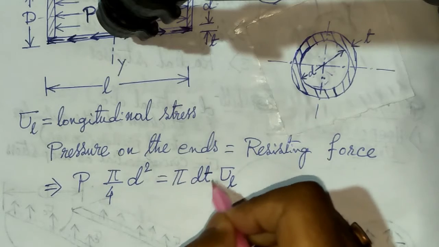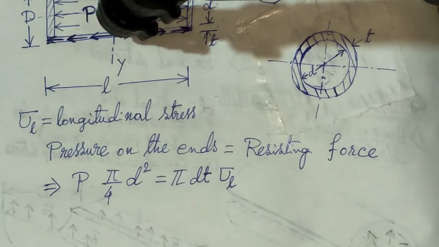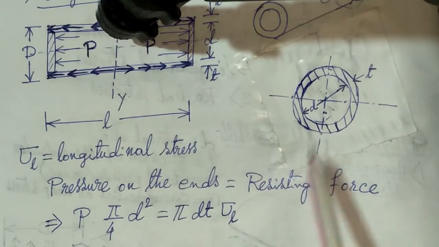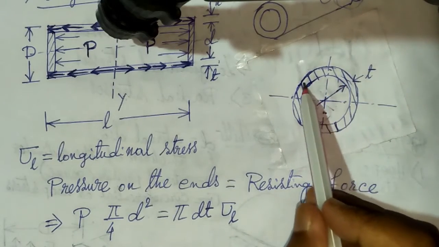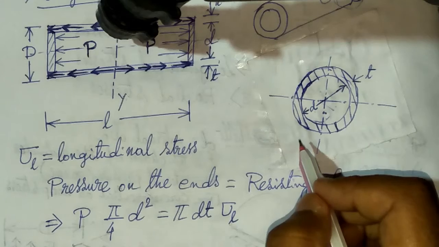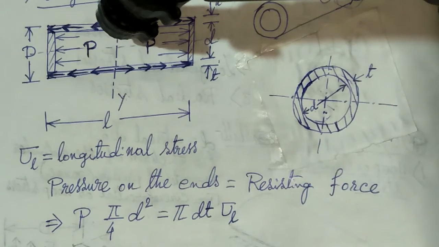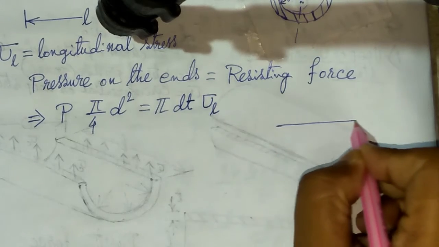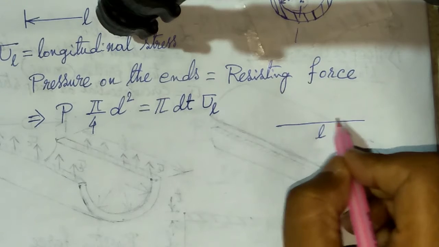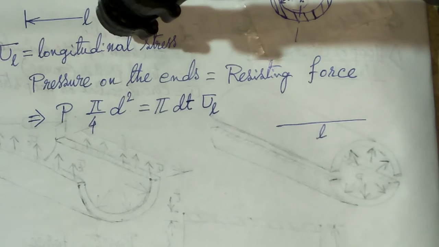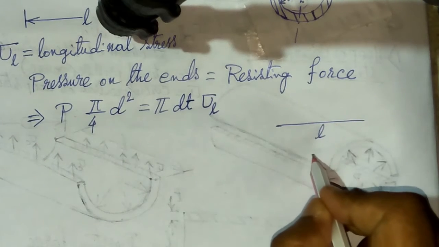So where does this pi d t into sigma L come from? Pi d t is nothing but the area of the material, this hatched area here is the material area. Pi d is the perimeter. Suppose you have a rope of length L. Now you bend it into a circle.